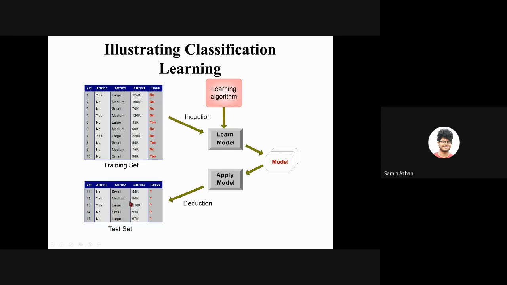This is the test set. So these are the values we don't know. After teaching the model, we will apply some new data to it that it has never seen before and try to predict the outcomes of that data. This is how a simple classification learning would work.